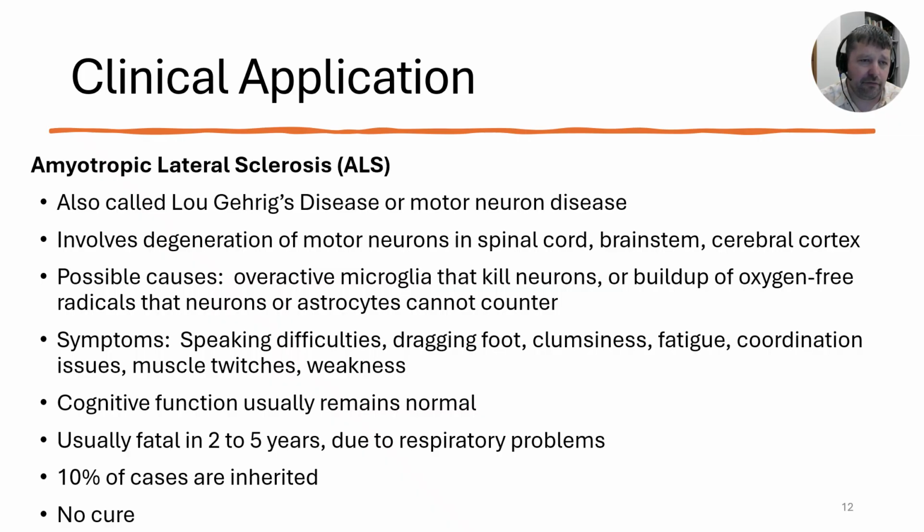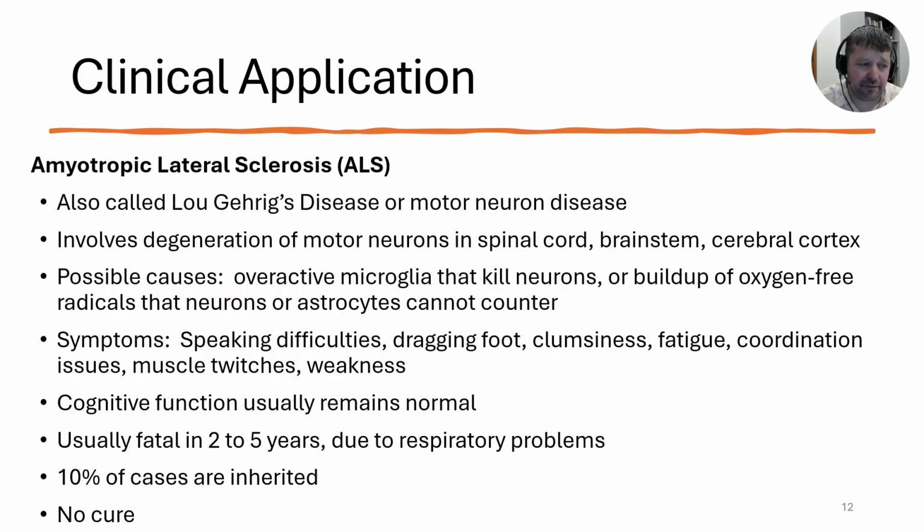And normally why individuals die relatively quickly after being diagnosed with ALS is this controls your ability to breathe. And so respiratory problems happen fairly quickly, and the individual can't breathe.